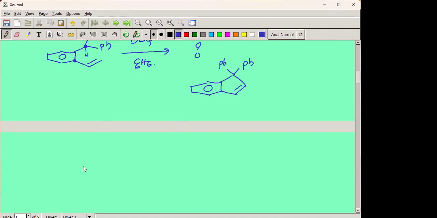The next one, I'll go with another example. So this is one of the cyclic systems. Here it is pH, here also we have pH, and here it is hydrogen. We go with the DDQ. What do we get?